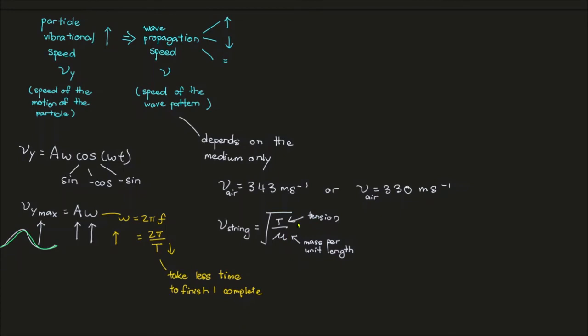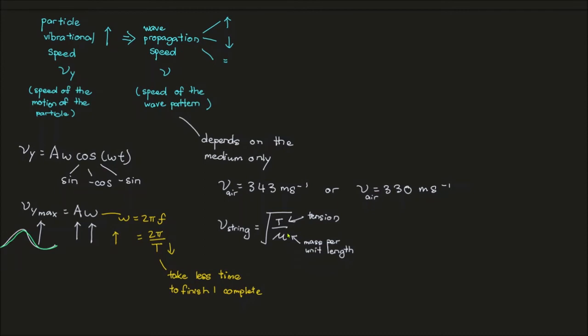If a string is being stretched tighter, you are actually doing something to the medium. You are making the medium less flexible to vibrate. Okay, if you are making the string more massive, essentially you are making the string more sluggish.